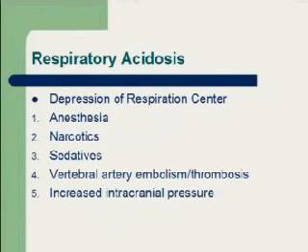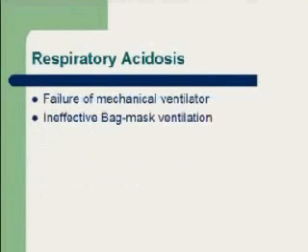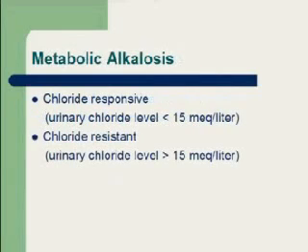You can see that with anesthesia, narcotics, sedatives, vertebral artery embolism, thrombosis, increased intracranial pressure. For respiratory acidosis, failure of mechanical ventilator, ineffective bag mask ventilation. Chloride responsive, urine chloride levels less than 15 milliequivalents per liter, chloride resistant, urinary chloride greater than 15 milliequivalents per liter.